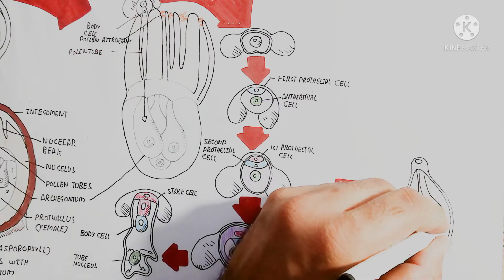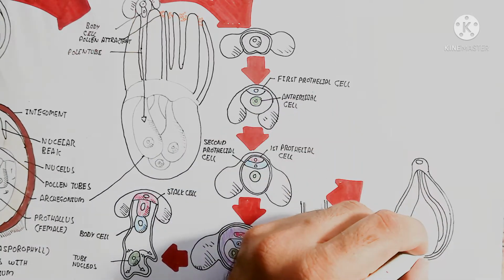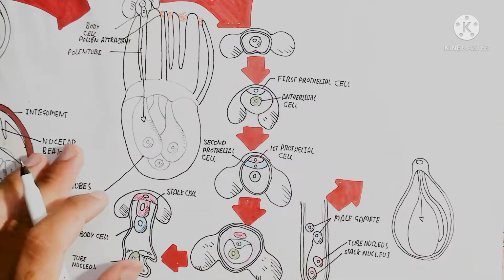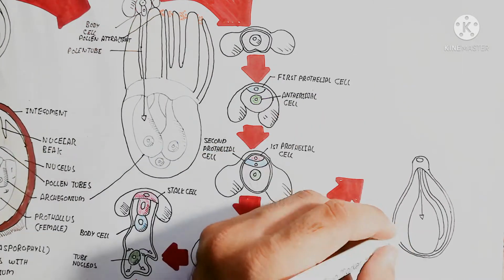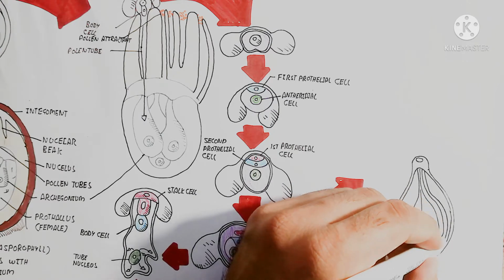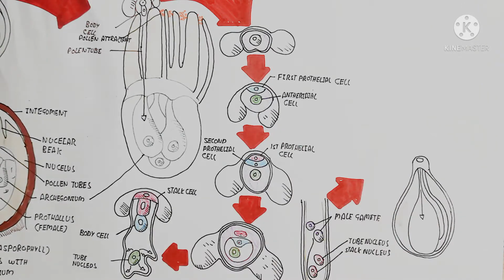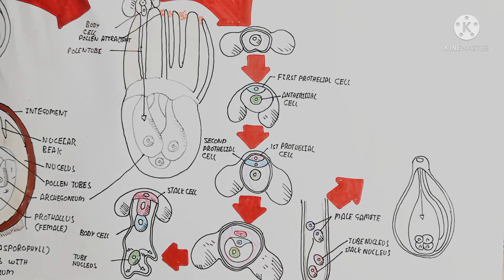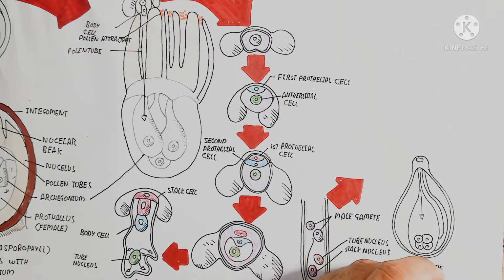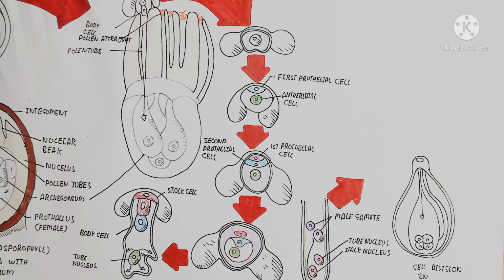So the next phase is the archegonium, which after two cell divisions under mitosis, the diploid cell division will occur, and tetrads will be formed. This tetrad basically produces more and more cells.